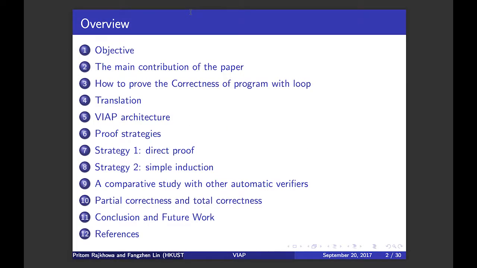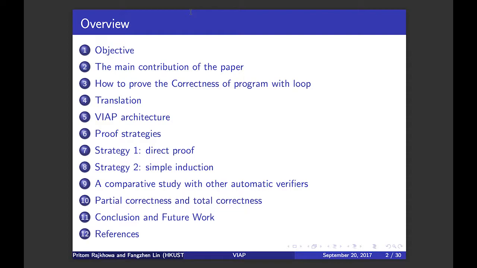Here is the overview of my presentation. I'll start with the objective, then I'll explain the main contribution of the paper, then I will explain the traditional way to prove the correctness of a program with a loop.